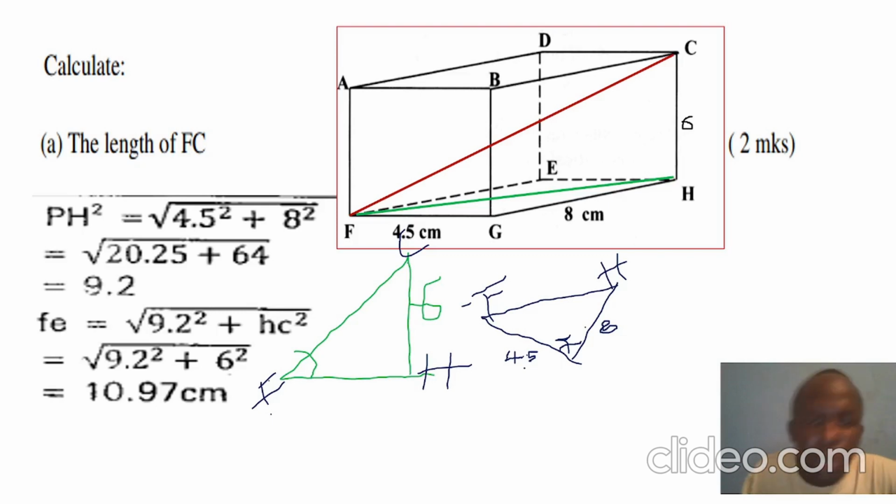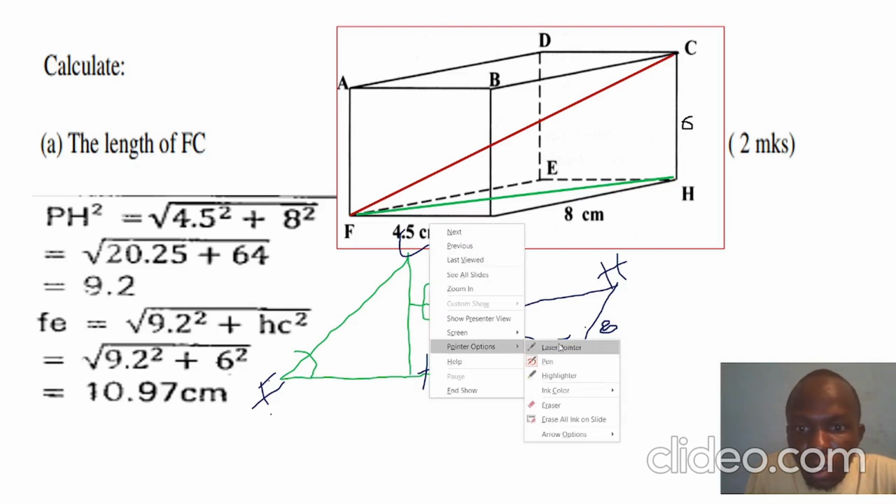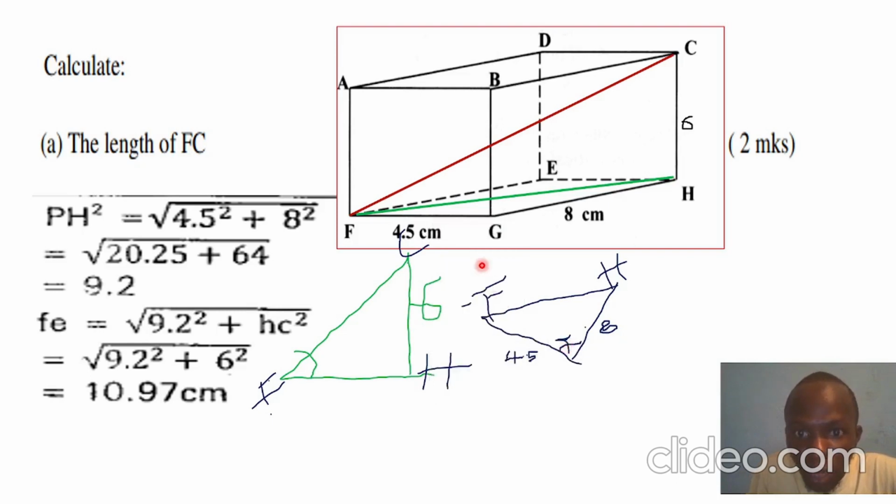So as we can see, we have to get FH. How do you get FH? You can see there is a triangle formation. So assuming this is the triangle, this is our hypotenuse FH, this is our A's and B. So how do we get FH?